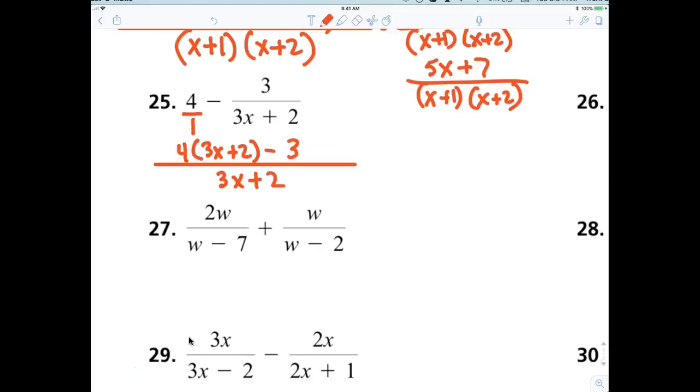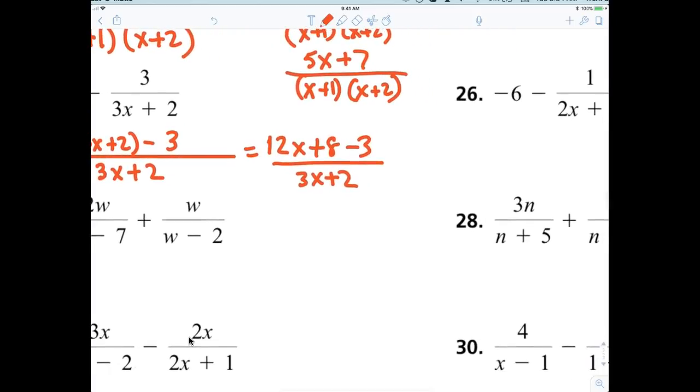So, see if you agree now. 12x plus 8 minus 3 over 3x plus 2. 12x plus 5 over 3x plus 2. Can I reduce the 3 and the 12? No. They're bounded by addition and subtraction.